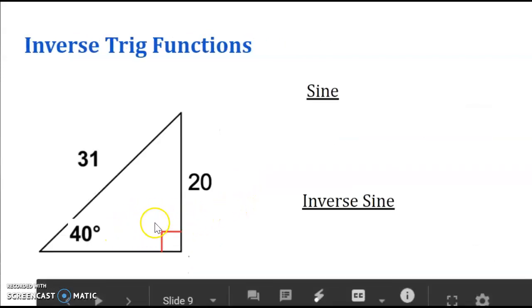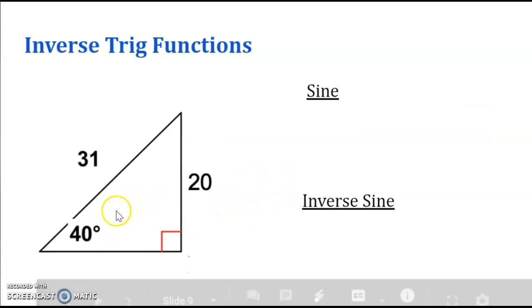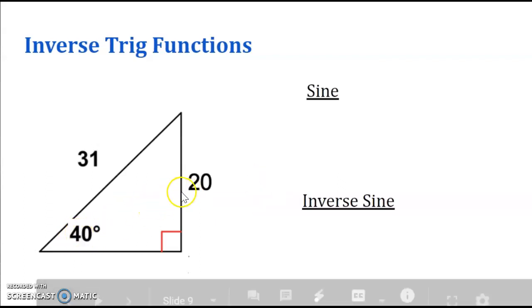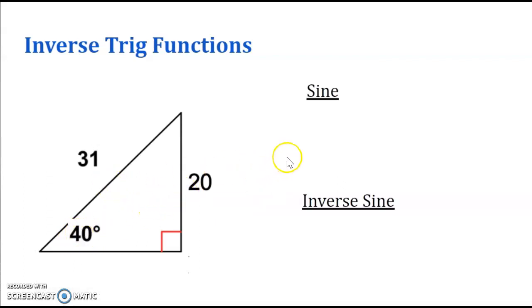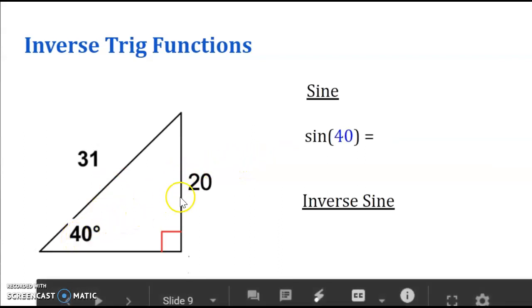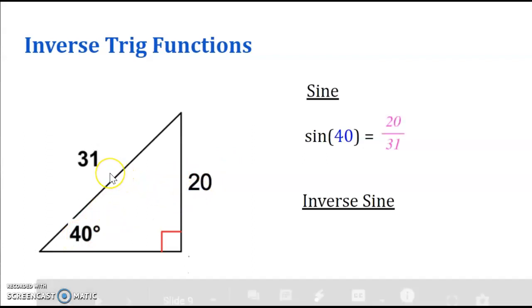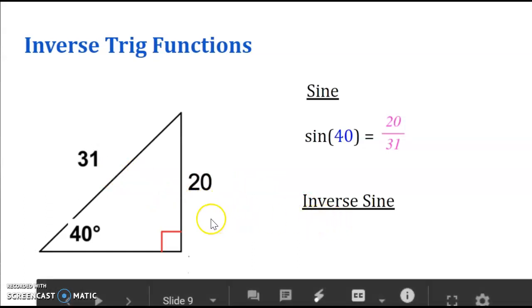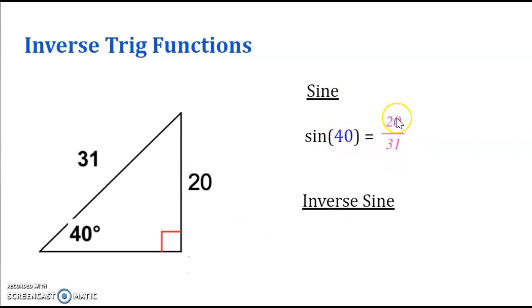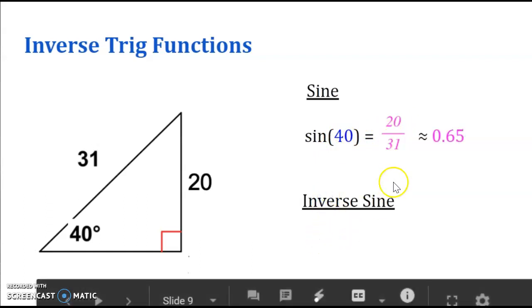So using what we know about inverse trig functions, we're going to use the sine function because the reference angle of 40 is opposite over hypotenuse. So using the sine trig function, sine of 40 degrees is 20 over 31. That's opposite over hypotenuse. How this would apply in the inverse sine is you're swapping where the angle was with the ratio, and you're putting the inverse notation here.